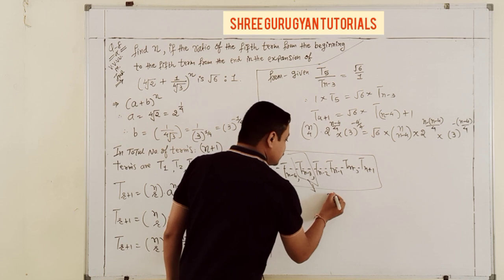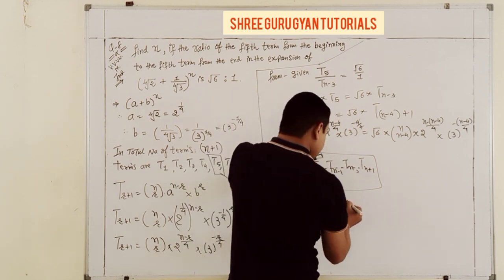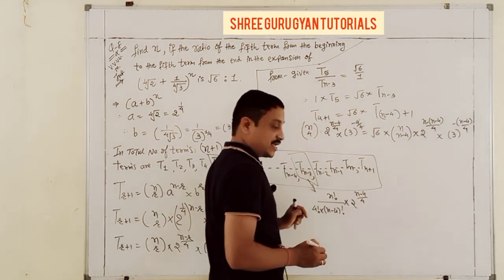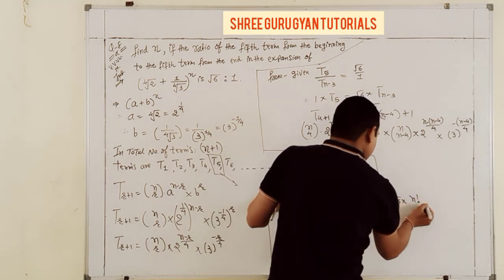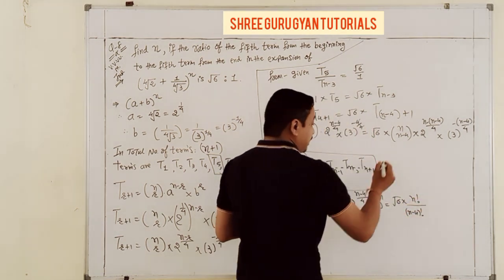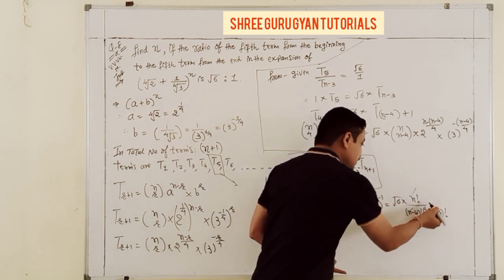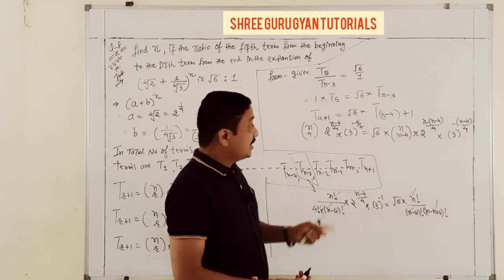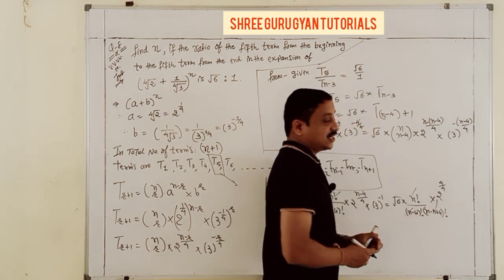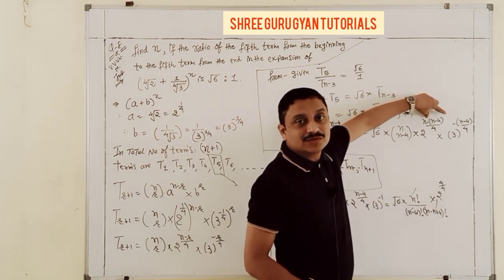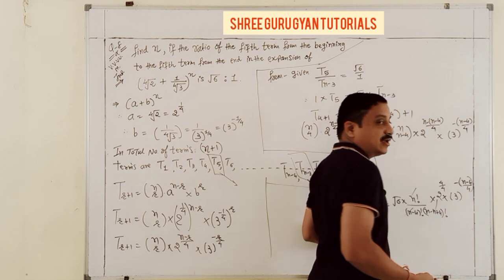So the expansion is n factorial over 4 factorial (n minus 4) factorial, times 2 raised to (n minus 4) by 4, times 3 raised to minus 1, equals √6 times n factorial over (n minus 4) factorial and n minus n plus 4, which is 4 factorial, and these cancel. Remaining, 2 raised to n minus n cancels, only 4 by 4, and 3 raised to (n minus 4) by 4, and that simplification.